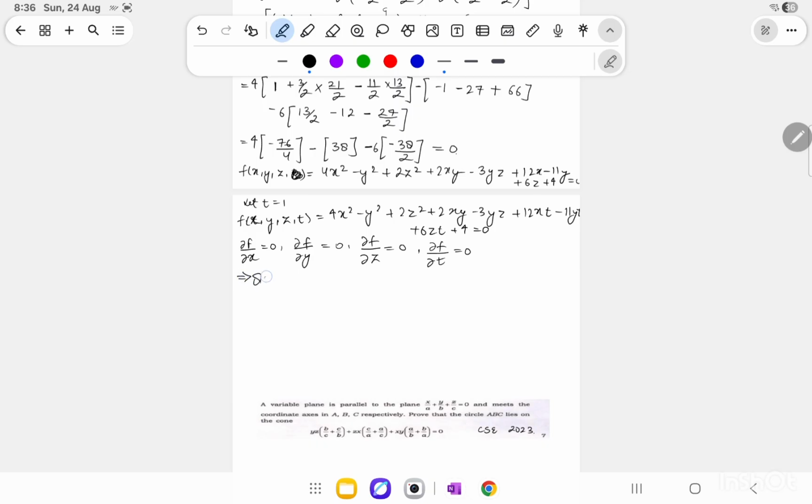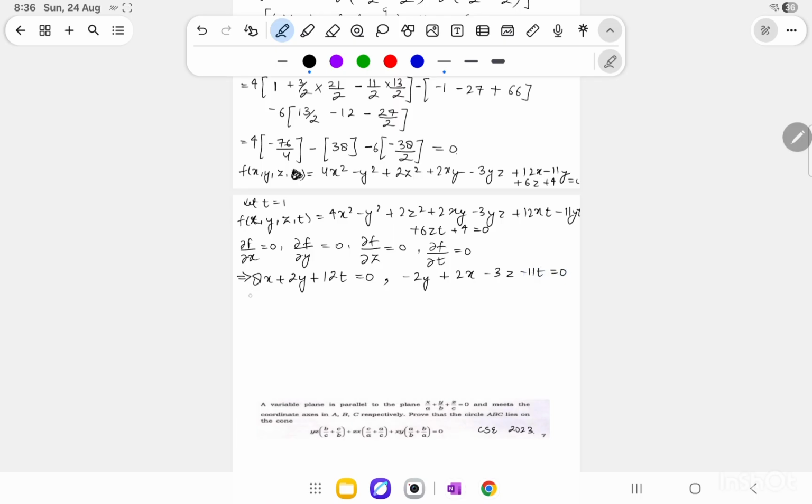So we'll get 8x + 2y + 12t = 0. From the second one we'll get 2x − 2y − 3z − 11t = 0.